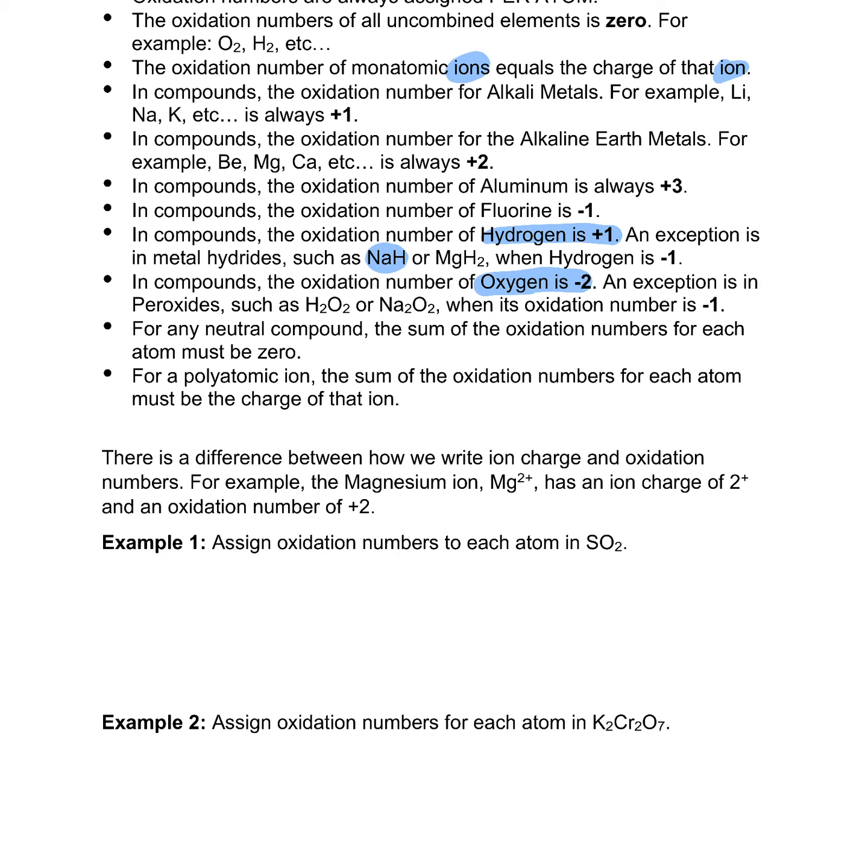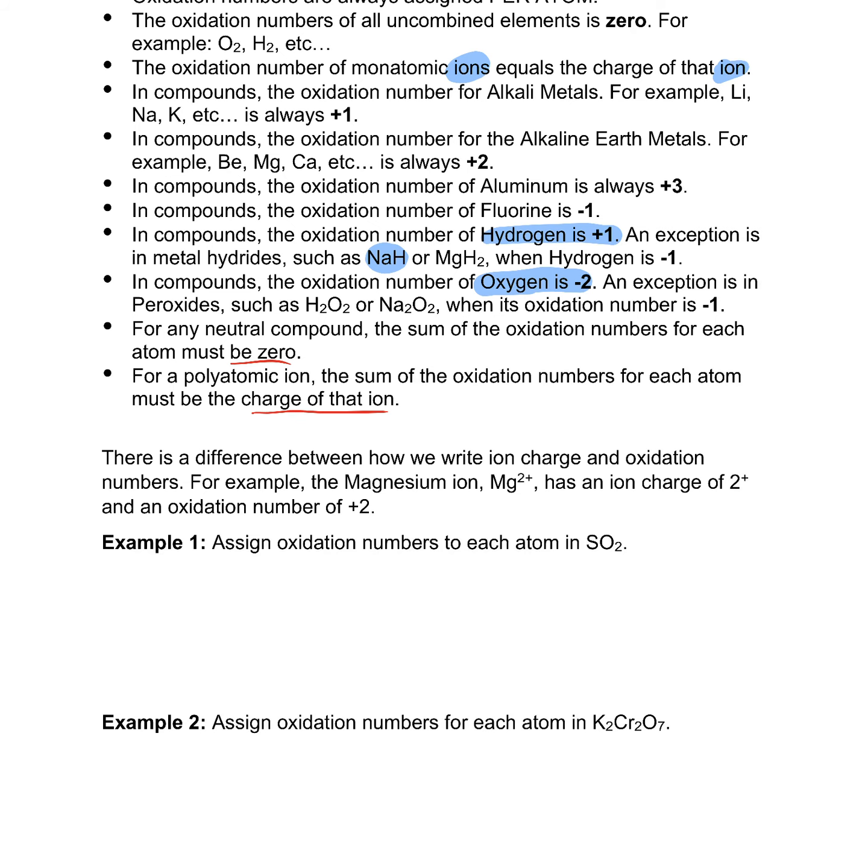There are some really strange compounds out there, but you don't have to worry about those. I'm going to avoid them as much as I can, but they are one of the reasons that peroxides are so reactive. For any neutral compound, the sum of the oxidation numbers must be 0, and for a polyatomic ion, the sum of the oxidation numbers for each atom must be the charge of that ion.